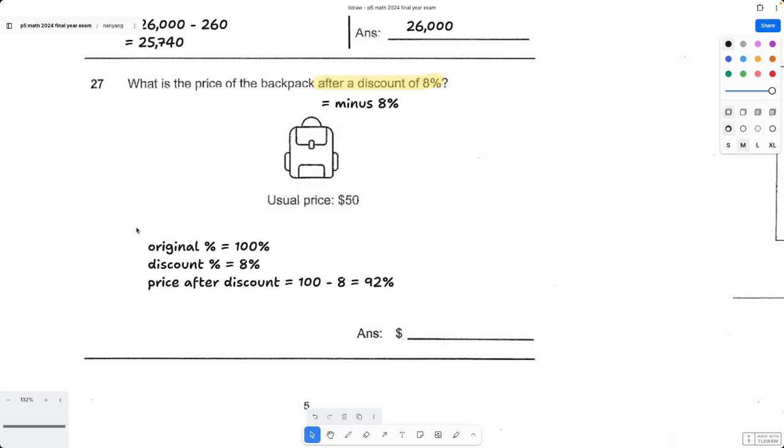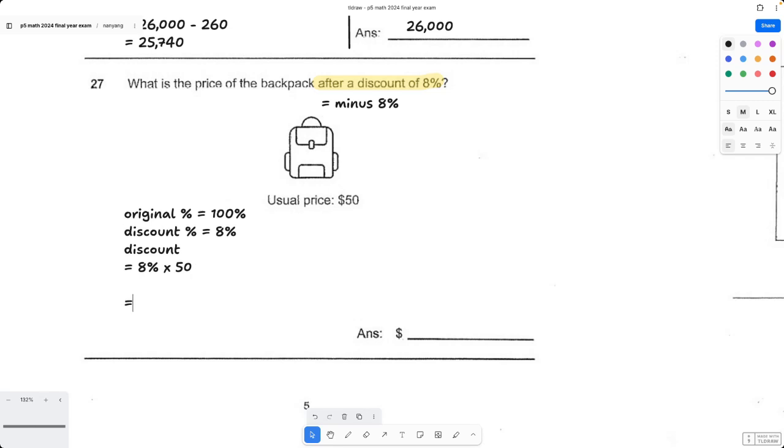Actually, let's get the discount. So the discount is equal to 8% times $50. So $50 times 8%, so we have 50 times 8 out of 100.